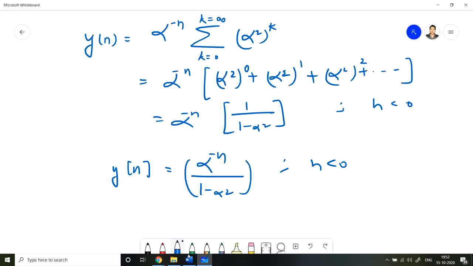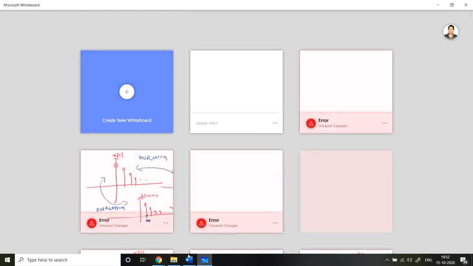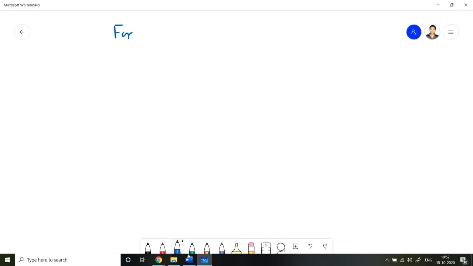Now we can find out for n greater than or equal to 0. The region of overlap is from k equals n to k equals infinity.